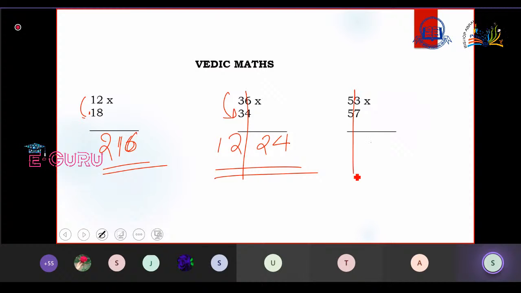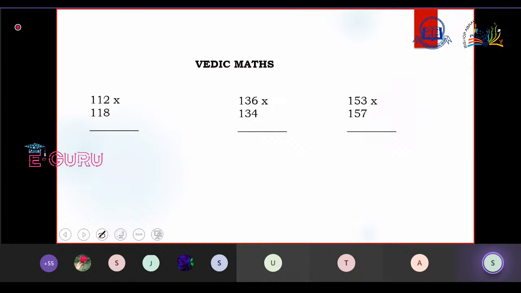Here the answer will be 7 into 3, 21, and 5 into the next number, 6. So 3021. All this calculation, all this multiplication, you can do in your mind, and there is no need to take a calculator or anything. Even with 3-digit numbers, 2 into 8 is 16 and 11 into 12 is 132. So the answer will be 13,216, right?